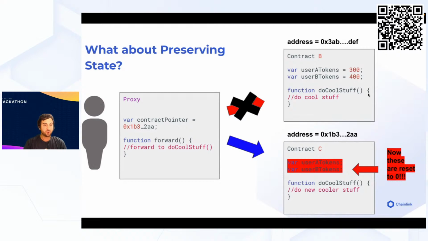While the state was stored in contract B before, and user A had 300 and user B had 400 tokens. So that's not good. So that means every time we upgrade our smart contract, all our users are going to lose all of the information they interacted with. That kind of makes it useless, and that kind of really defeats the purpose of blockchains, right? And having this kind of global state.